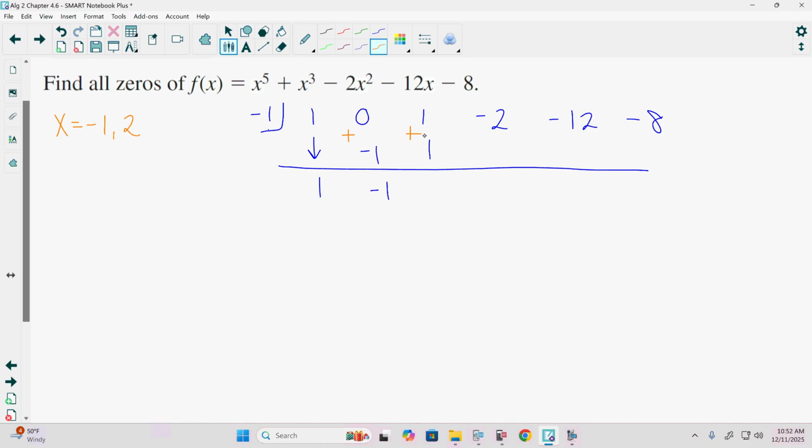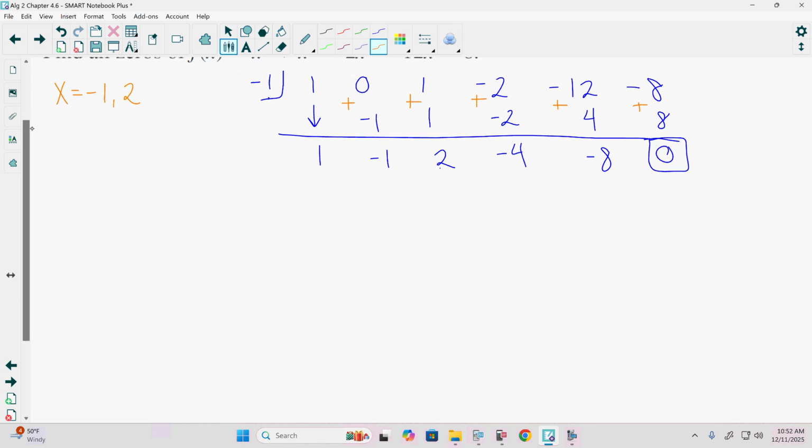Add straight down, 1 plus 1 is 2. -1 times +2 is going to be -2. -2 plus -2 is -4. -1 times -4 is +4. -12 plus 4 will be -8. -1 times -8 is +8. And 8 plus -8 is indeed 0. Since we did get a y value or a remainder of 0, it tells us it is a solution. And we knew that from the graphing calculator.